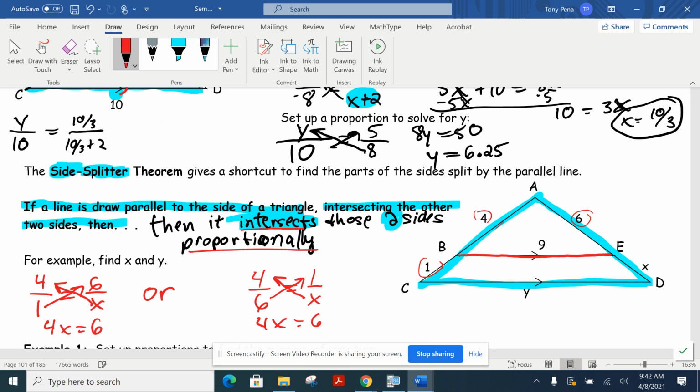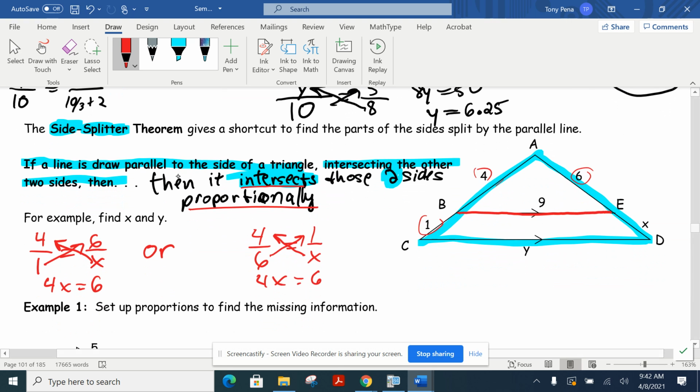So whichever one you see better, whichever is easier for you to recognize and do, it doesn't matter. Divide those. 6 divided by 4 is 3/2, or 1.5. So then we know that this is 1.5. Good with that? Any questions on that?